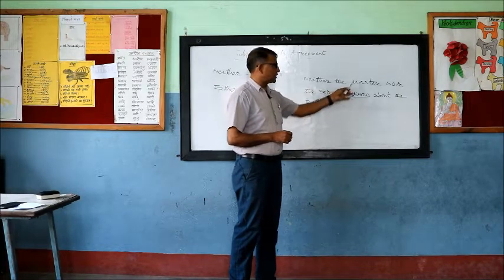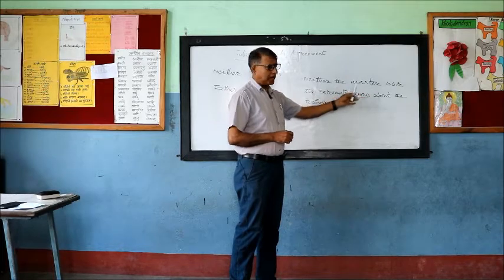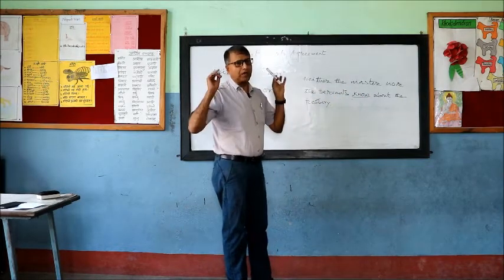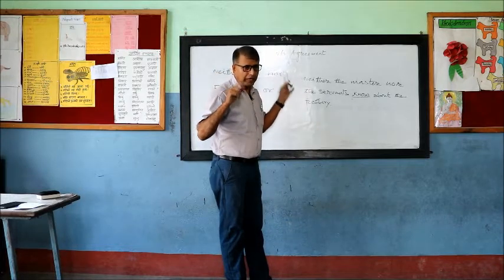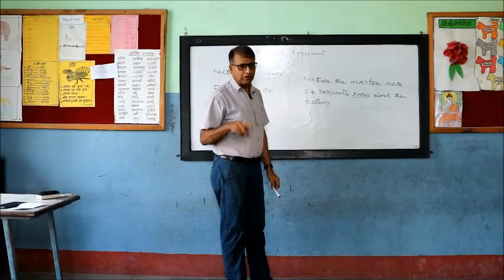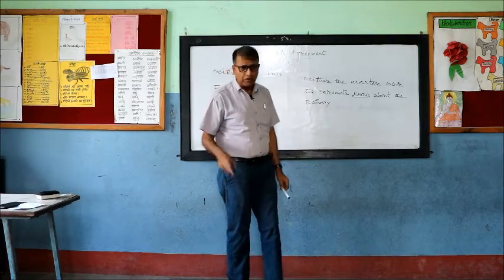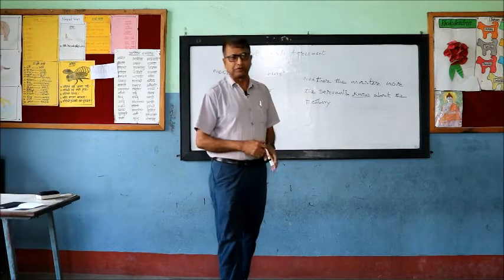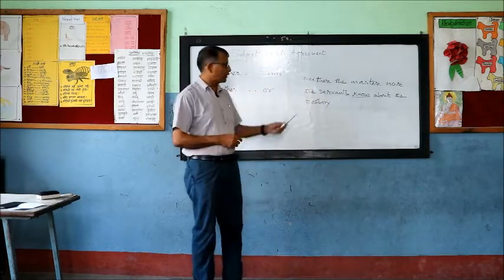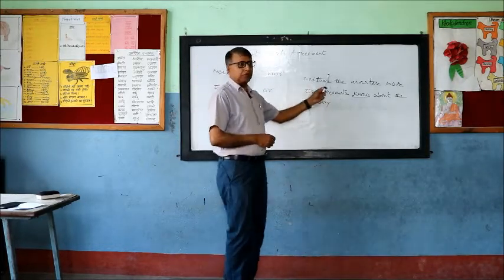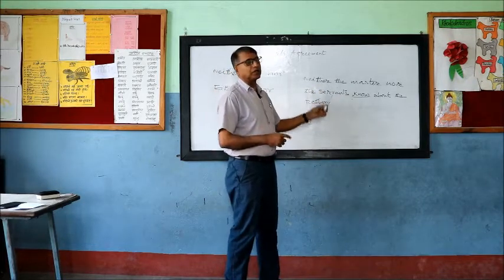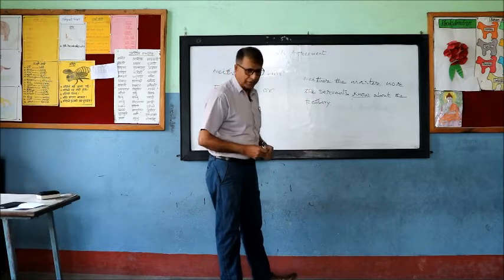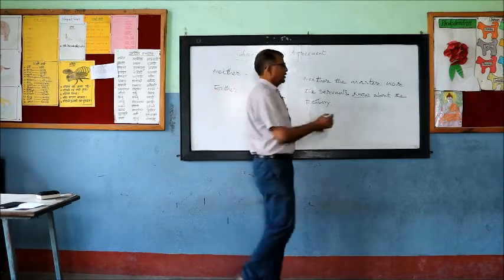The first noun is singular, the master, and the second noun is the servants, it's plural. And what I have told you about either or, neither nor, if we find either or, neither nor in sentences, then what we do? We try to make agreement with the nearest subject.